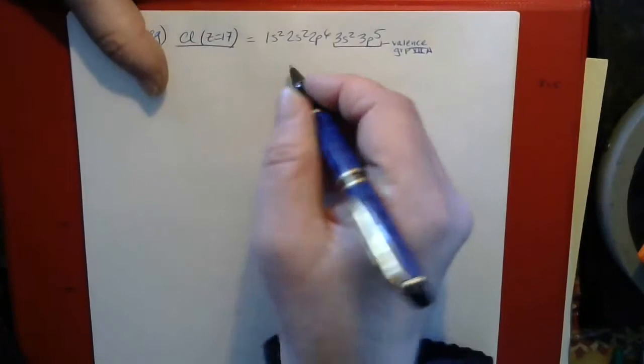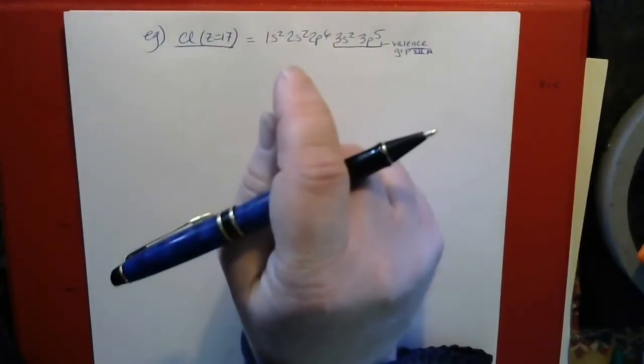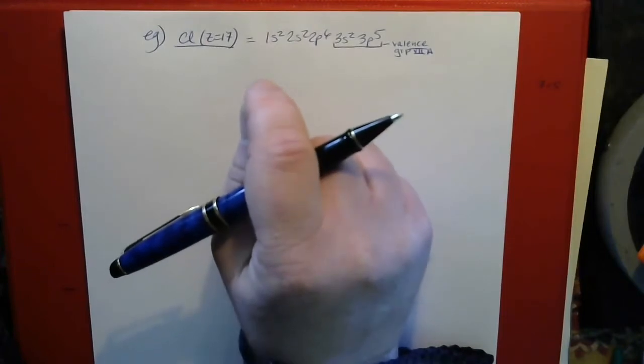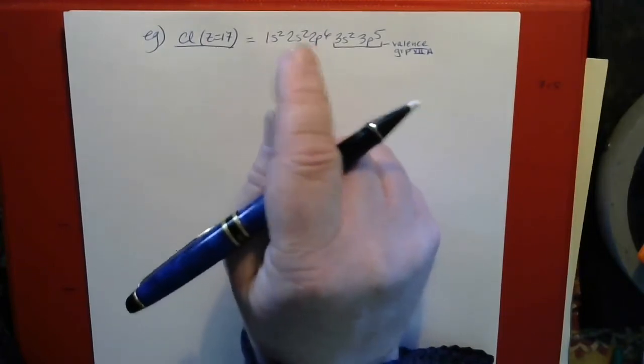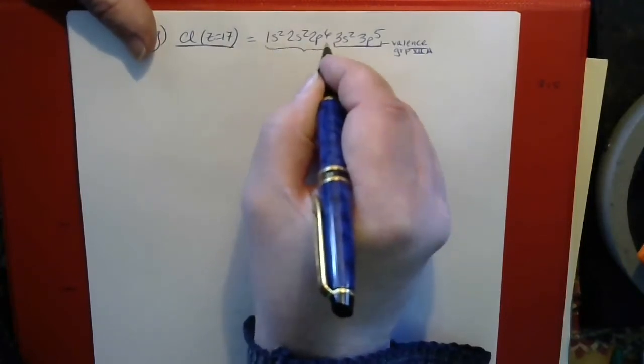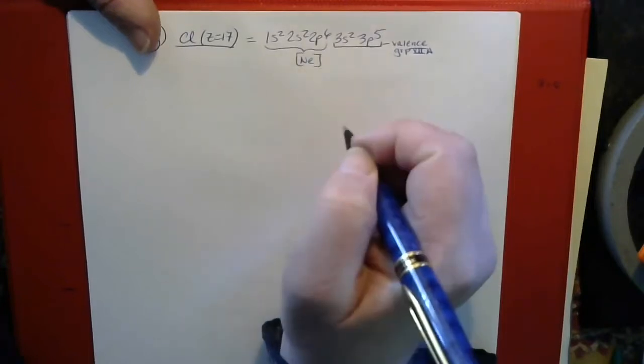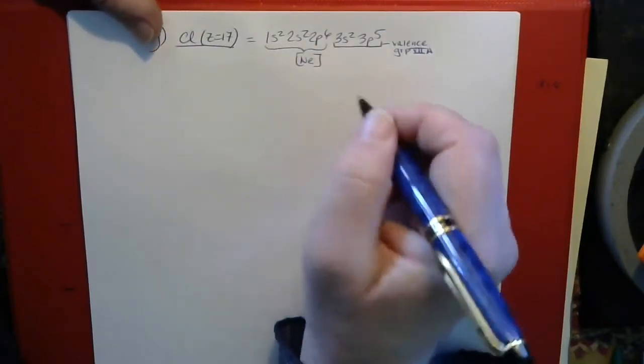Using a noble gas abbreviation, we look back at the last previous noble gas in terms of atomic number, and it turns out that that's way back at neon, which has an atomic number of 10, and neon's electron configuration is 1s2, 2s2, 2p6.